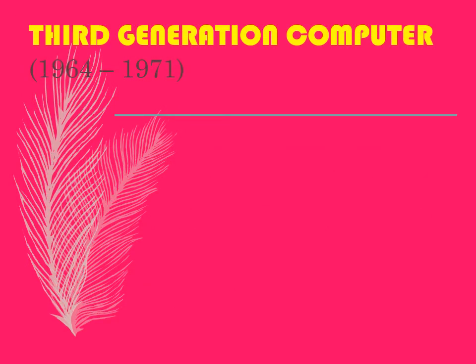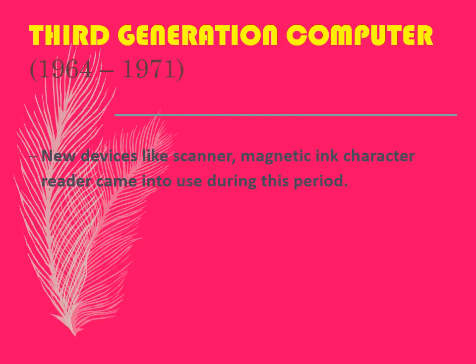Third generation computer, they were during the period of 1964 to 1971. Some new devices like scanner, magnetic ink character reader, came into use during this period. The computers of this generation had larger memory capacities than the first and second generation computers.